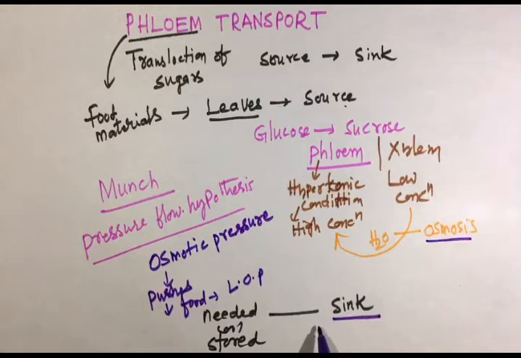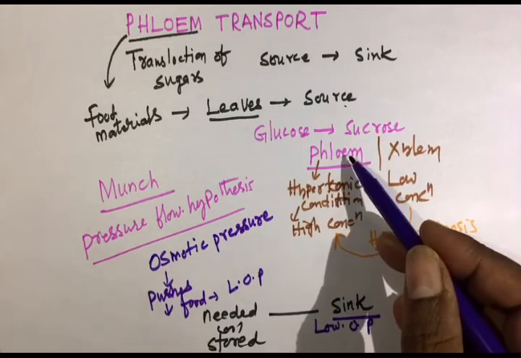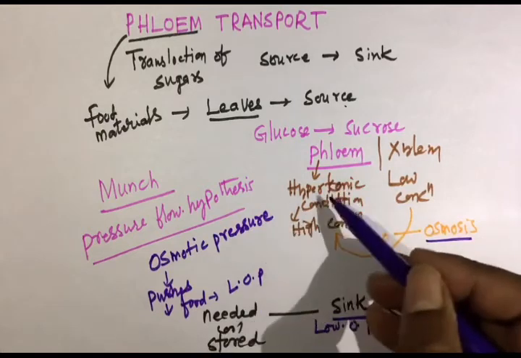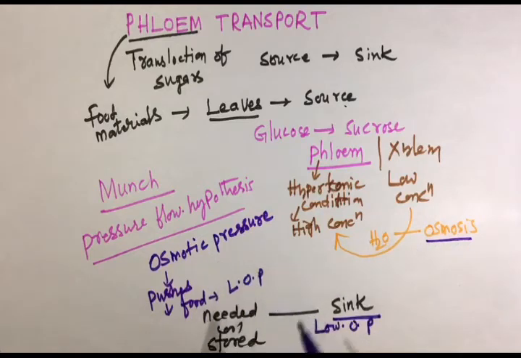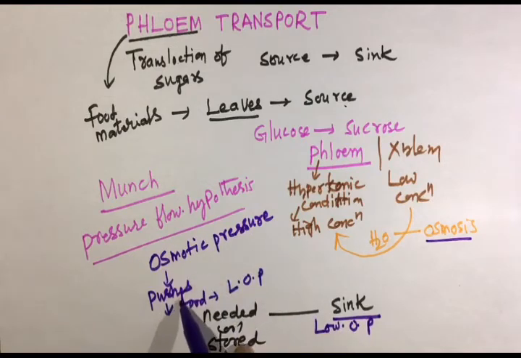So sink areas are always with low osmotic pressure, whereas within the phloem at source area, high osmotic pressure is established due to the entry of water by osmosis. So due to high osmotic pressure, that pressure pushes food into the low osmotic pressure area or sink areas.